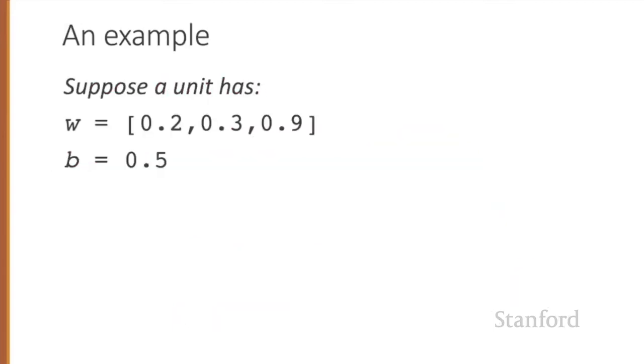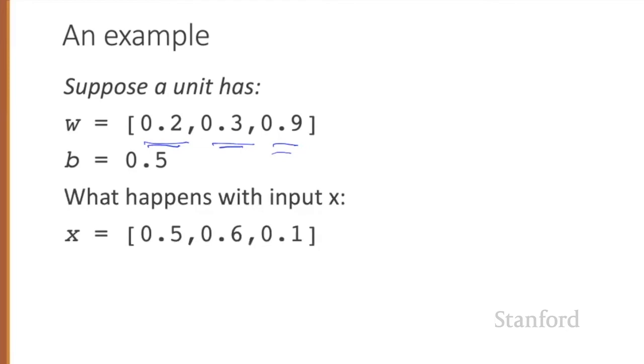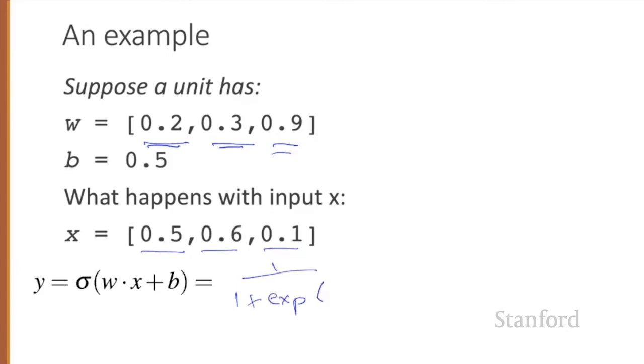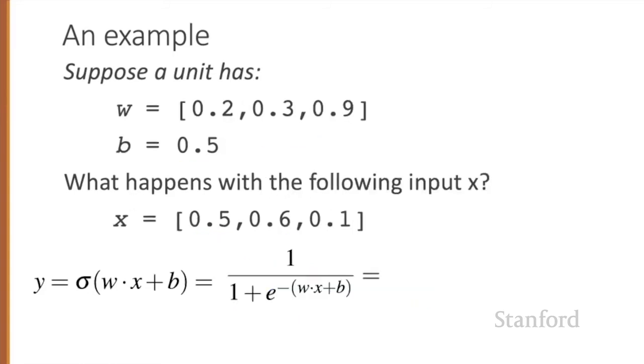Let's walk through an example just to get an intuition. Suppose we have a unit with a weight vector of 3 weights and a bias. And let's suppose we have the input vector x1 is 0.5, x2 is 0.6, x3 is 0.1. Let's compute the sigmoid. We'll want to compute 1 over 1 plus e to the minus (w dot x plus b). Let's now write out w dot x plus b.